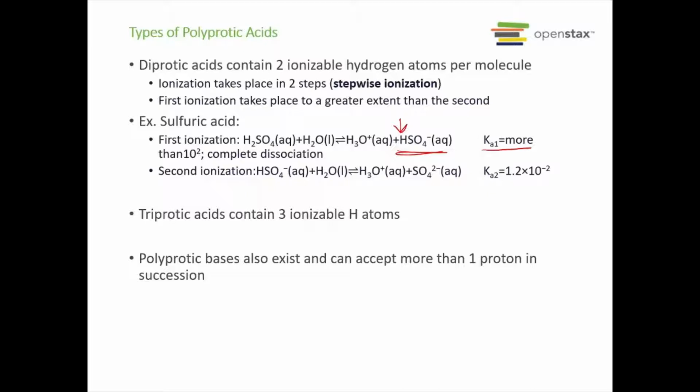So it can go through a second ionization, giving then SO4 2 minus, and this second Ka is 1.2 times 10 to the negative second, which is still fairly high compared to some of the other weak acids we've been looking at. Triprotic acids have 3 ionizable hydrogen atoms. We also can have polyprotic bases that can accept more than one proton in succession.